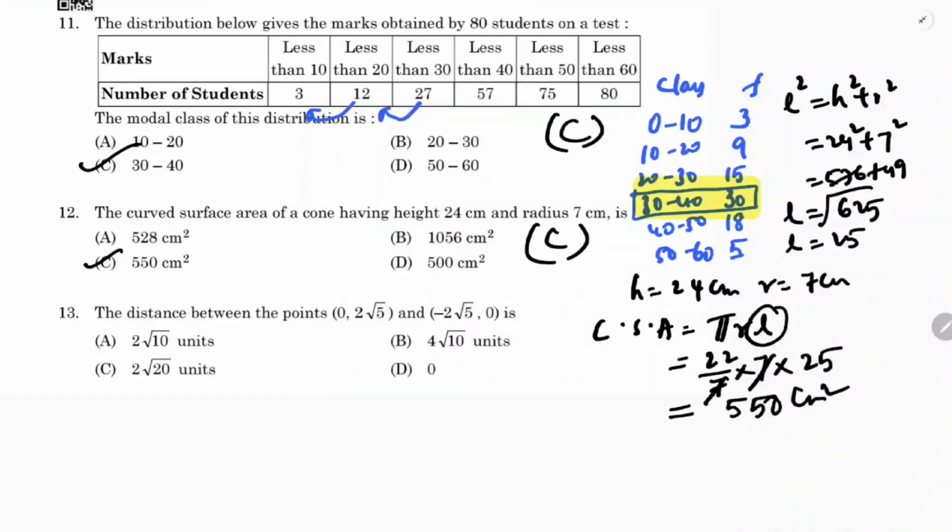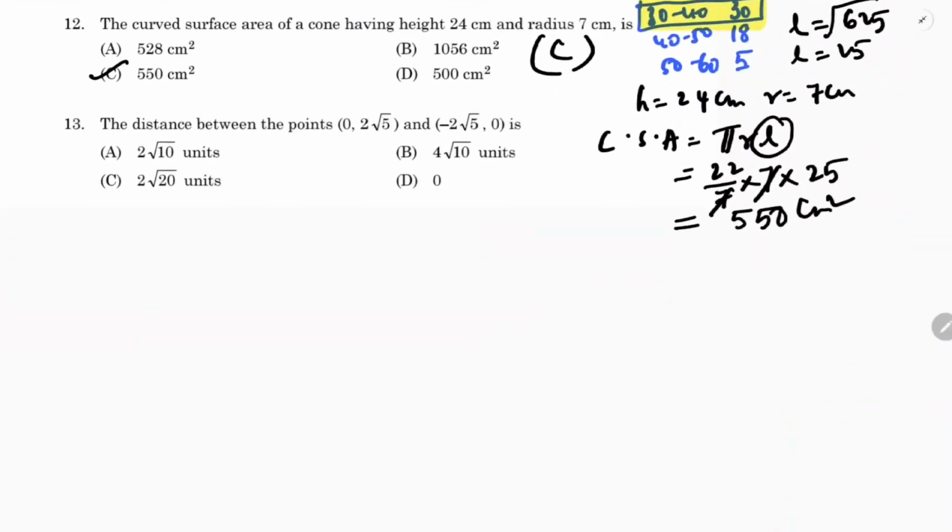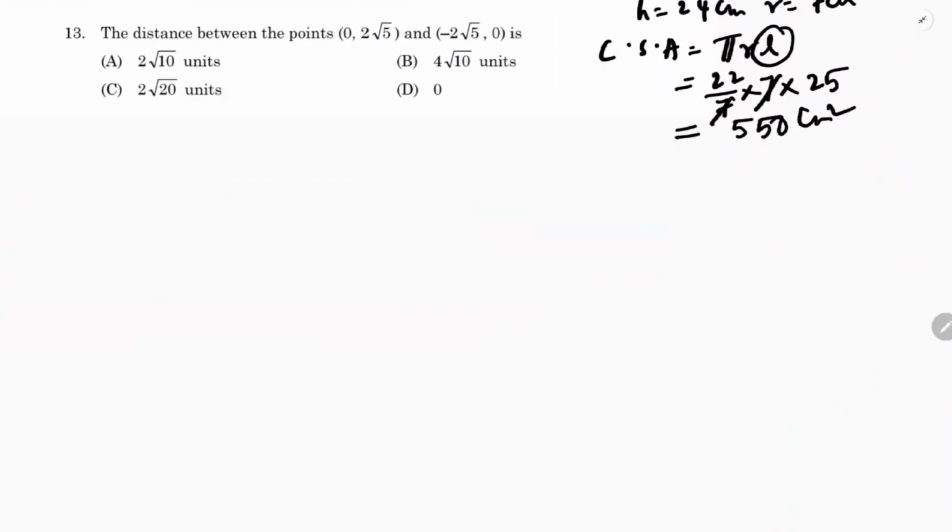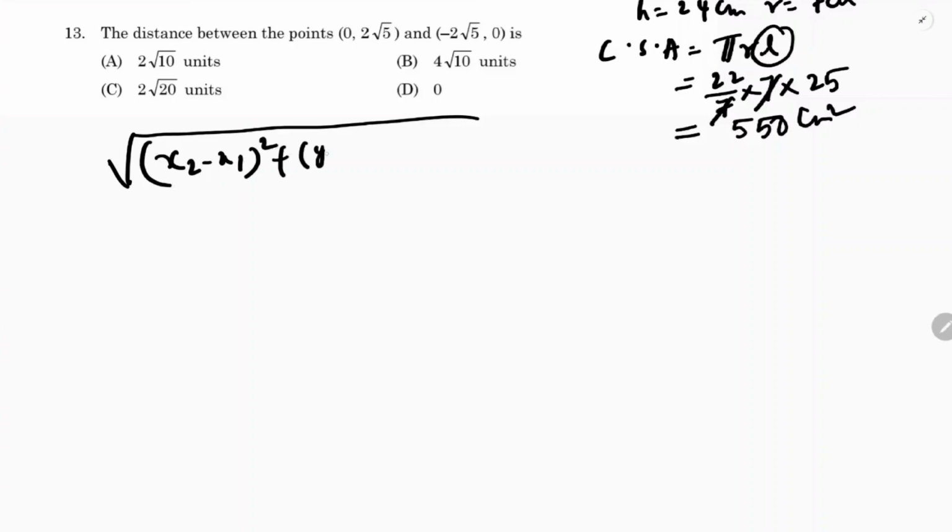Next one, the distance between these 2 points. The distance formula is under root x2 minus x1 whole square plus y2 minus y1 whole square.